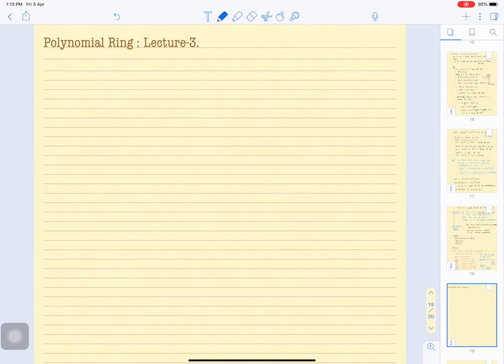In lecture 2 of polynomial ring, we had discussed the division algorithm for f(x), then the remainder theorem, the factor theorem, and we have seen the concept of zero of multiplicity.